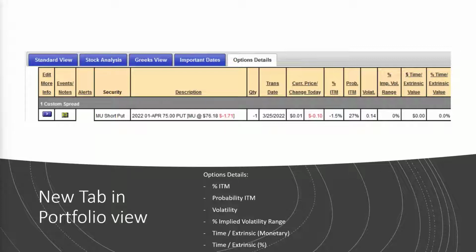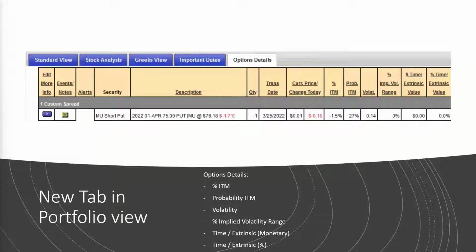And we just added this new tab for options details. What's contained in the option details section is the percent in the money for your options, the probability that you'll remain in the money, volatility, the implied volatility of the option or volatility of the stock in your portfolio, the percent implied volatility range, where your option's implied volatility is now compared to where it has been over the life of the option, monetary time or extrinsic value, and the percentage time and extrinsic value on your options as well.